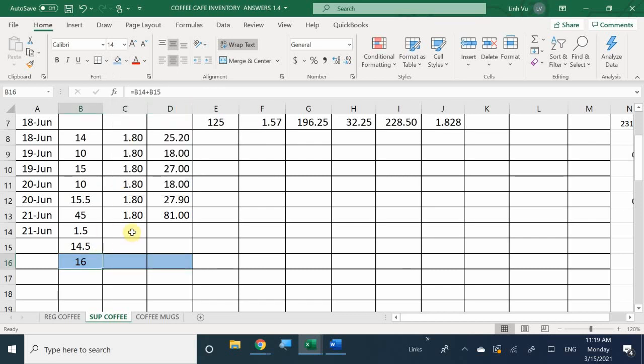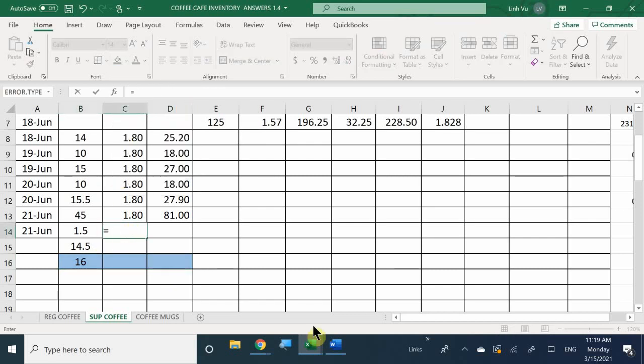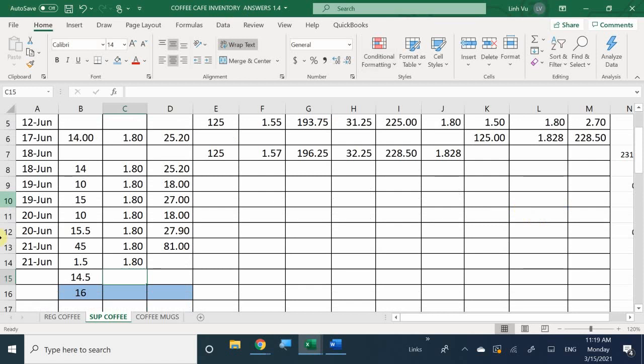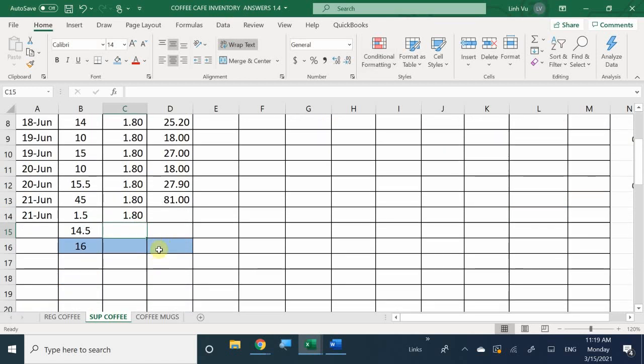Okay. So first batch that we're taking out, it's going to be from the 180, which we know, like we don't have to calculate it, but it's going to be $2.70. Okay. I'm doing this for practice purposes. Okay.